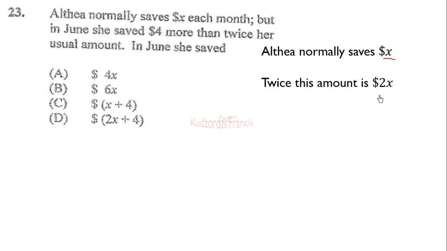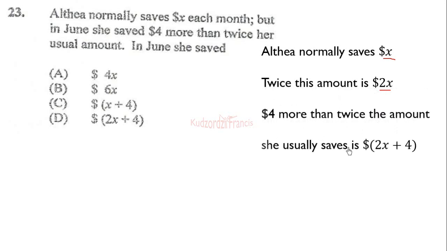So twice this amount is 2x. Then 4 more than that amount will be addition. So 4 more than means addition. We add 4 to it. So you get 2 times $X plus $4. And that will give us option D.